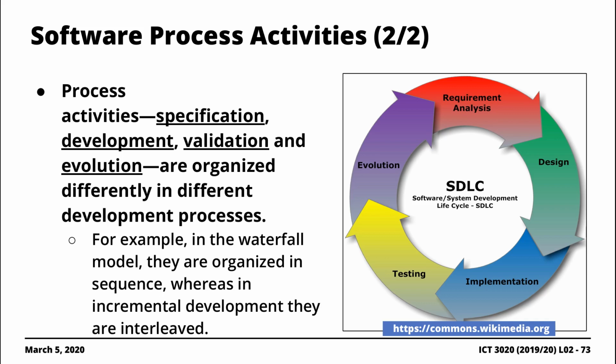While all these different process activities are found in all the different software process models, the way in which they are used is somewhat different, right? So for instance, when you decide to use the waterfall model, the traditional model, these different activities are organized in sequence, right? So one activity needs to be performed before the next one can be performed.